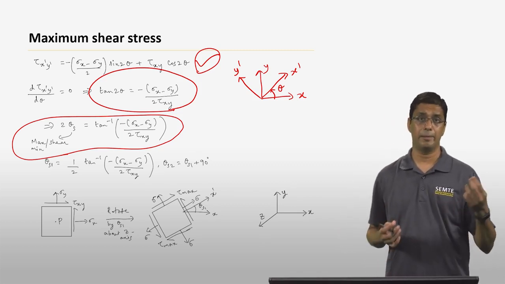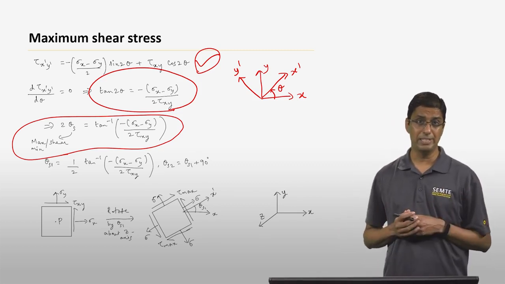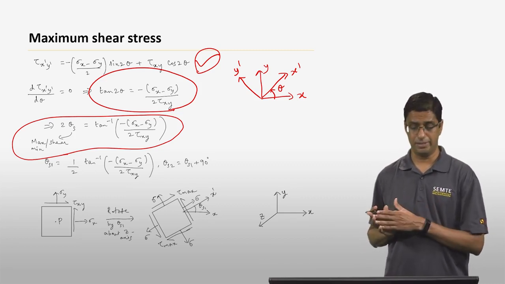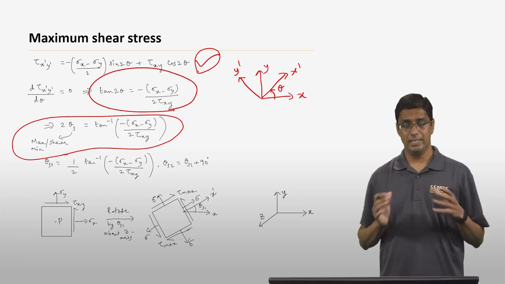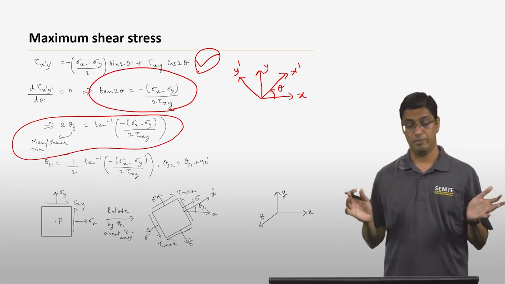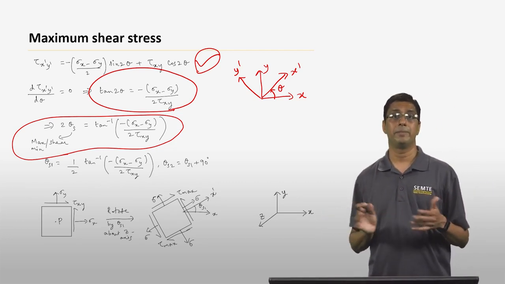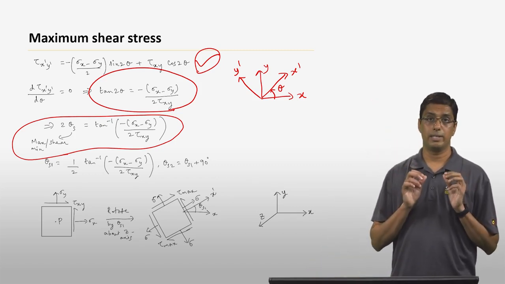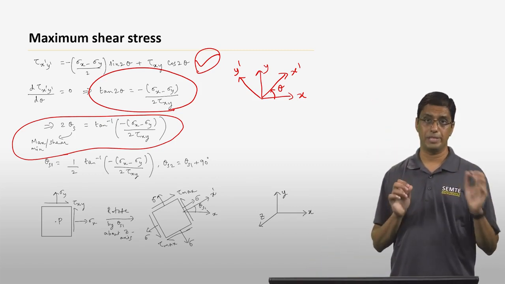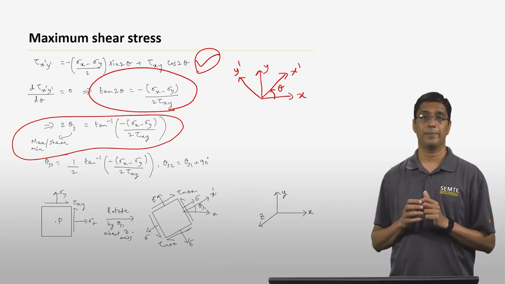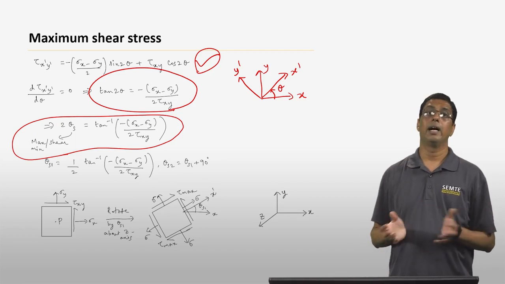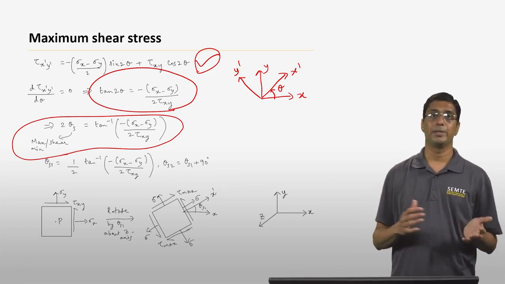I have used the symbol theta s to denote that this corresponds to the maximum shear stress, and that is given by the inverse tangent of minus sigma x minus sigma y divided by 2 tau xy. Again, you know that for the xy coordinate system, you know sigma x, sigma y, and tau xy. Okay, and given that information, you can find out at what particular angle you are going to have the maximum shear stress.